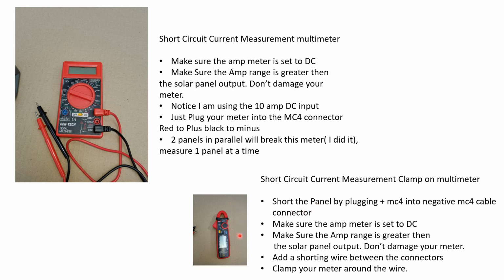This device is a DC clamp meter for measuring AC. Cost me about 40 bucks. Short the panel together by plugging the MC4 connectors together. Set the DC. The amp range for this device is 200 amps, so you shouldn't have a problem with that.